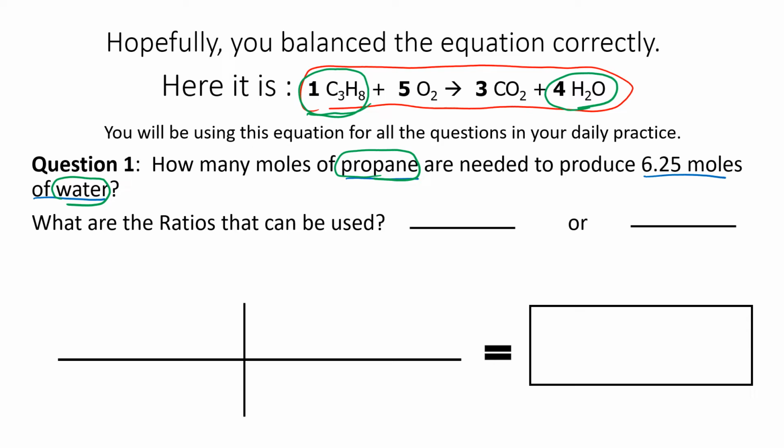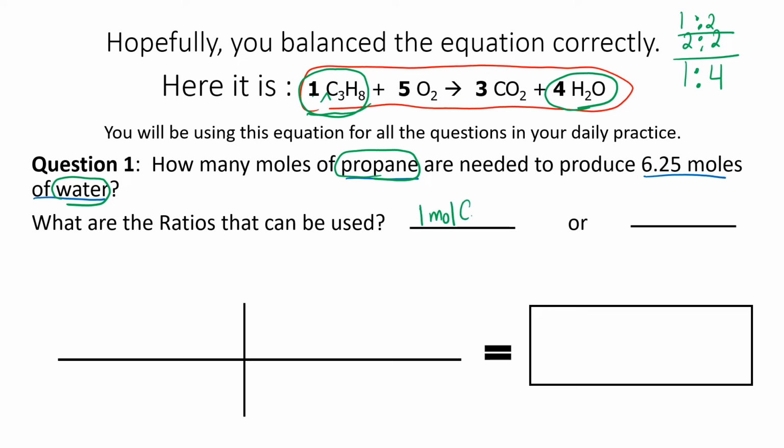So that means I'm going to create what's called a ratio. Usually when you think of a ratio, you think of something like a 1:4 ratio, or a 2:2 ratio, or 1:2. Well, we're not going to set it up that way. We're going to set it up like a fraction. We're going to put the abbreviation for mole.